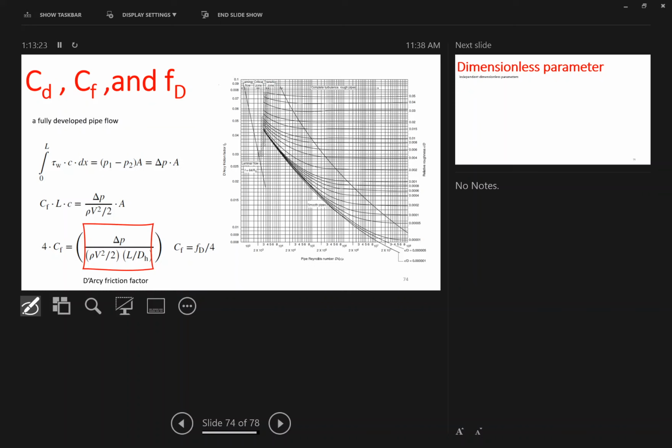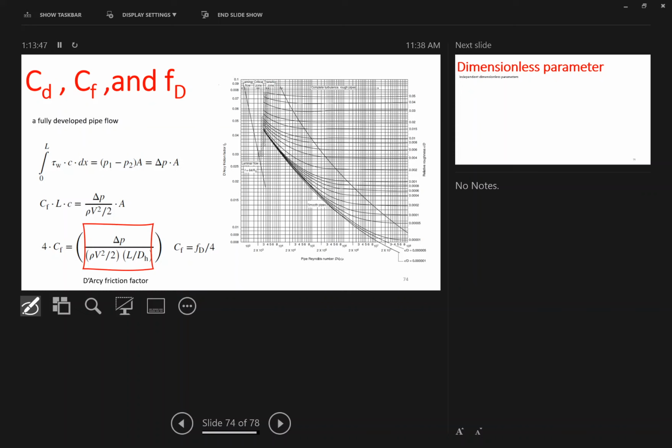And this value here, delta P over rho V squared over 2 multiplied by L over the hydraulic diameter, is called the Darcy friction factor, f_D. This is the equation for laminar flow specifically.